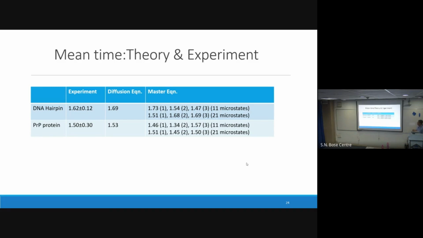So with that in mind, I want to go to the last part of this talk, which will be a conceptual part. As I mentioned, we think that if the barrier height is larger, it requires a larger time, but in the transition path case it is reversed.